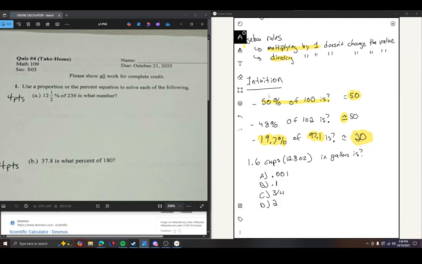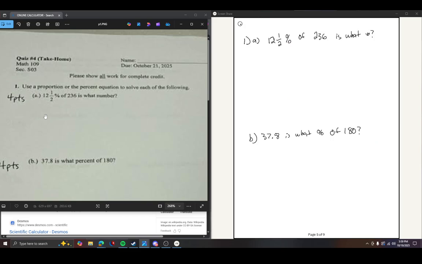If you were to pour the water from 1.6 cups, 12.8 ounces, into an empty gallon, how full is that gallon now? That's a good way to start in terms of doing these sorts of problems.